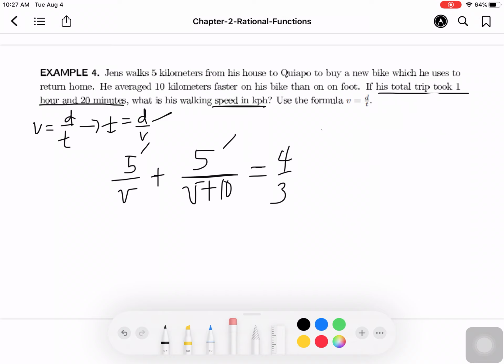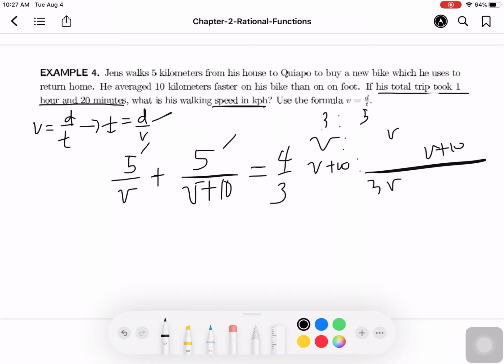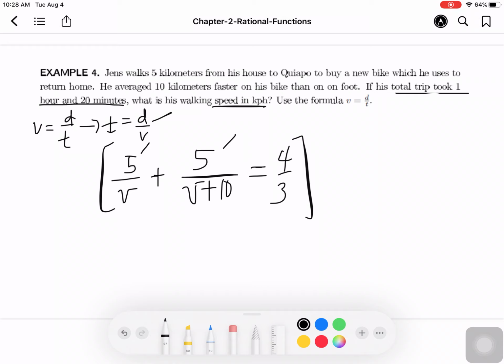Now what is our LCD? We have 3, V and V plus 10. So they are all distinct and linear. So 3V times V plus 10. So we'll just multiply them all. Okay, so this is our LCD. So multiply by 3V times V plus 10.